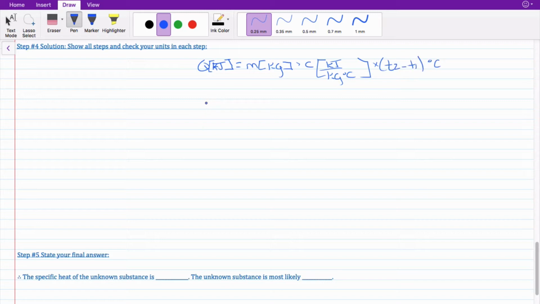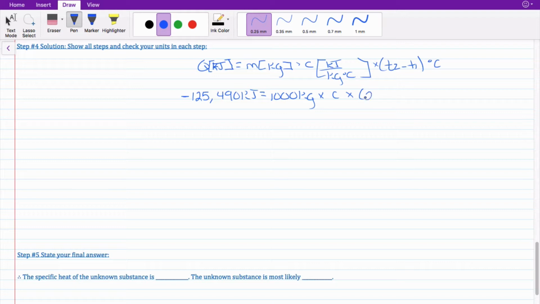So we put all our variables in. That's negative 125,490 kilojoules equals 1,000 kilograms times your specific heat, which we don't know, times your temperature rise.